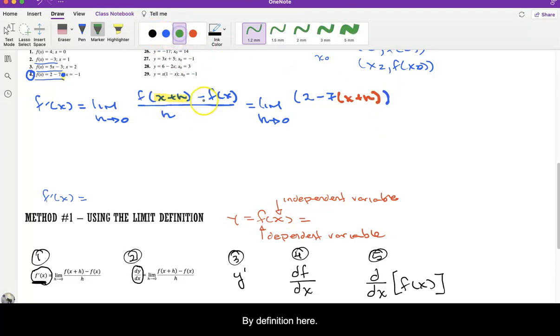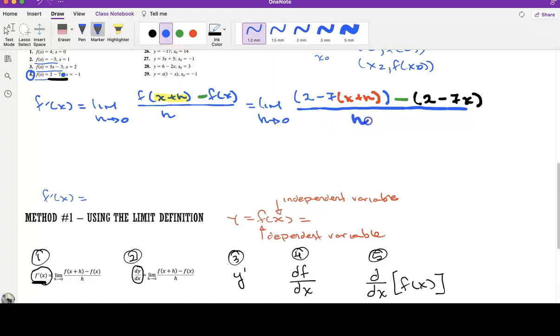By definition here, we have a minus, and then we replace all of f of x. So all of f of x is all of this, and this is going to be minus a 2 minus a 7x. And then this is going to be all over h.